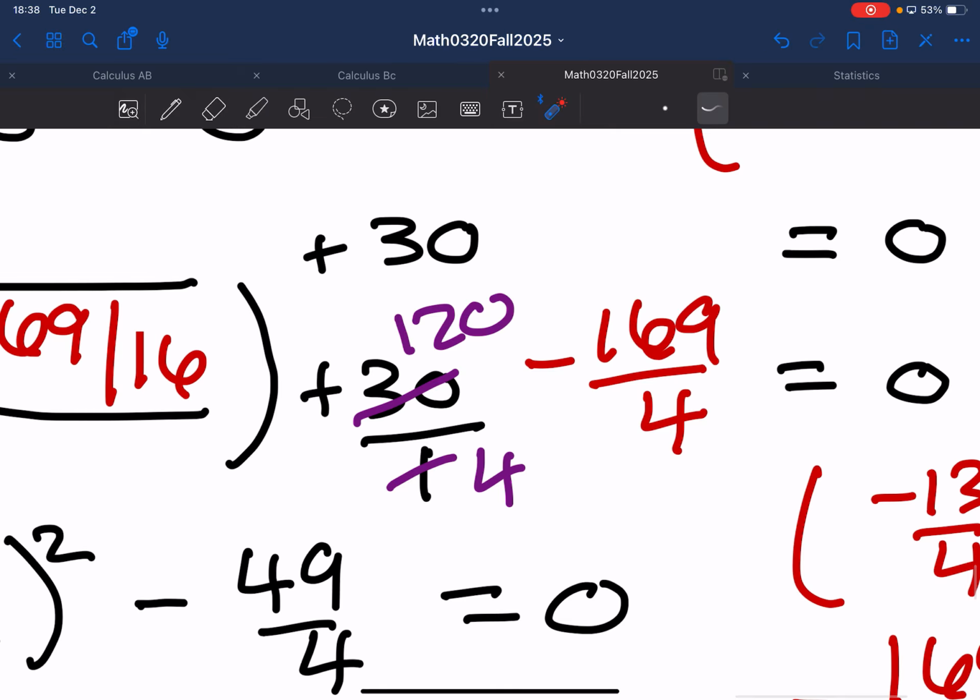So I did 30 over 1, found the common denominator of 4, and I got 120 over 4 minus 169 over 4. Why 120 over 4? Because in order to get a common denominator of 4, I multiplied both by 4. You have to multiply it by 4.